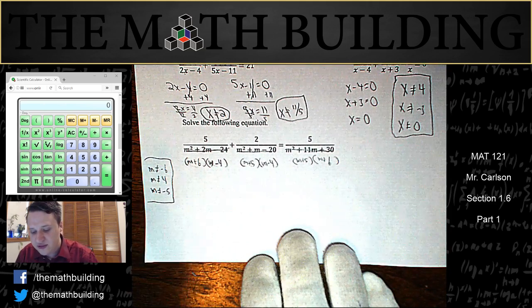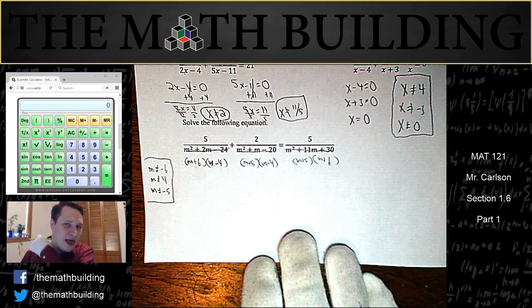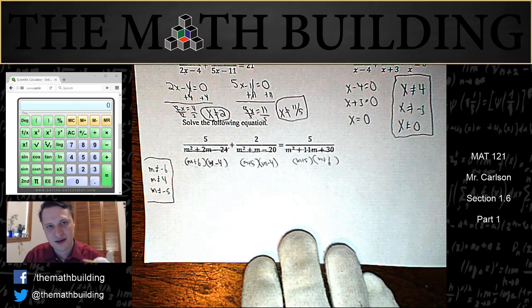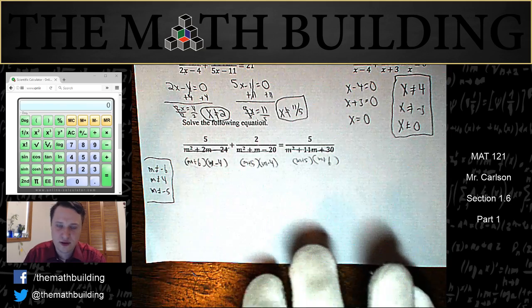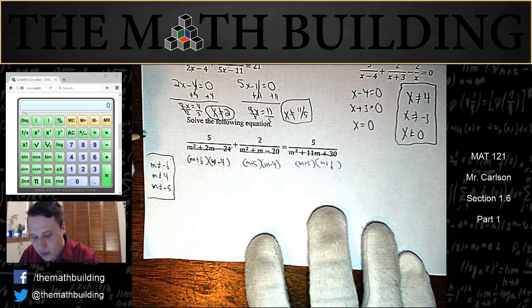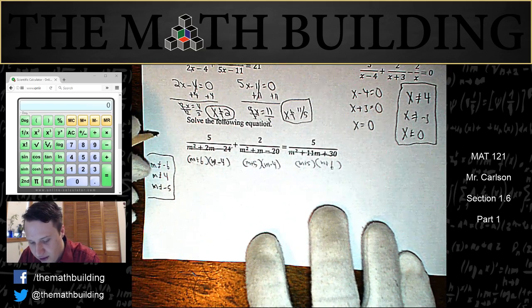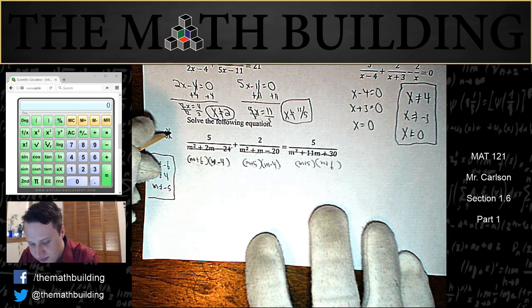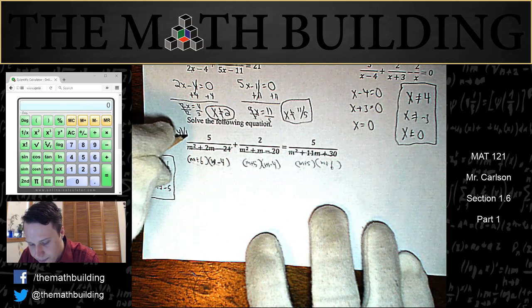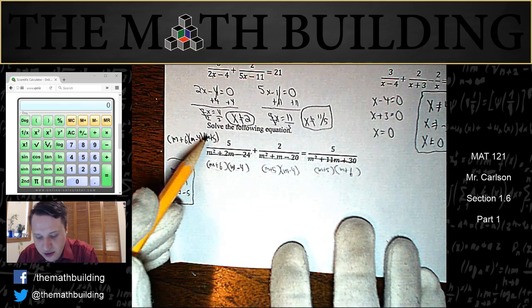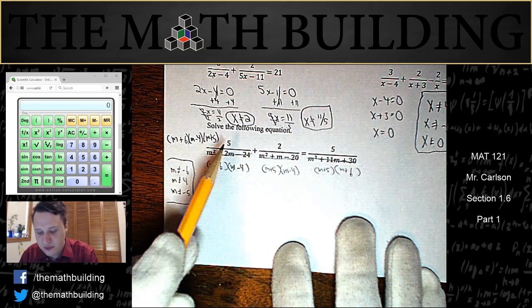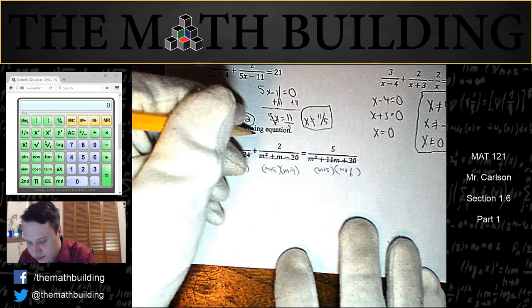So how do we do this? What you're going to want to do is multiply by the greatest common multiple of all of these. I'm just going to tell you what it is, and you'll see why this works in a second. We're going to multiply each fraction by m plus 6, m minus 4, m plus 5. We're going to multiply the entire equation by this amount, which means multiply every term by this amount.